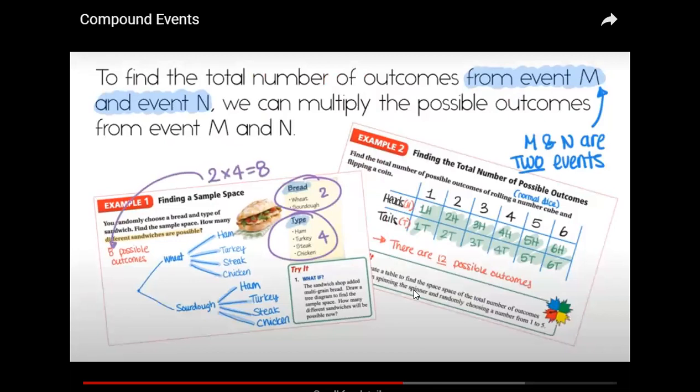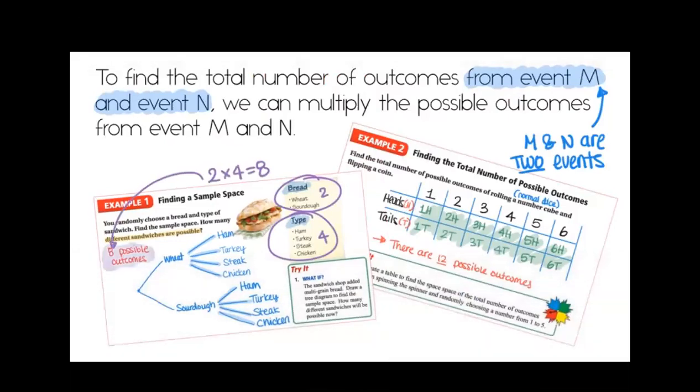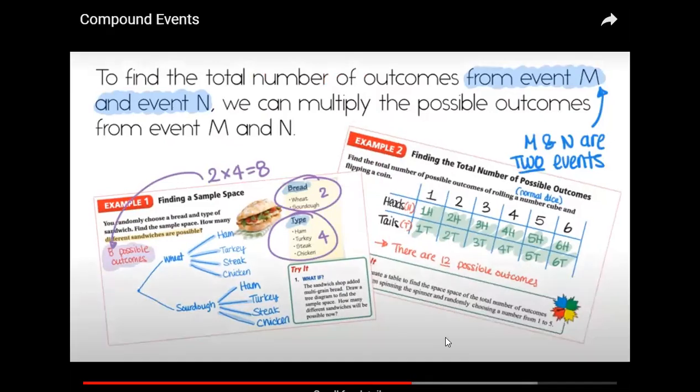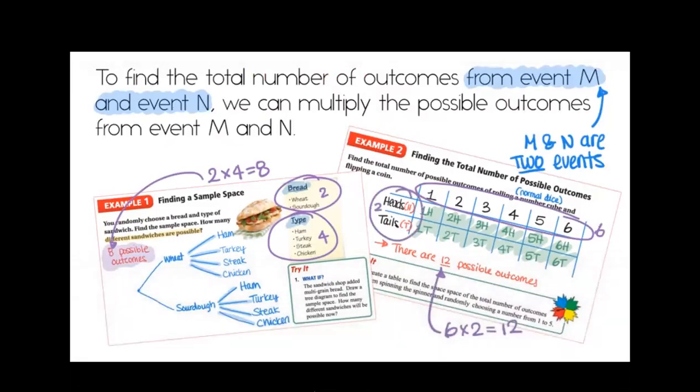And 2 times 4 gave us 8, which is why in this example, there were 8 possible outcomes. In the second example, with the coin and the dice, the die has 6 possible outcomes, and the coin has 2 possible outcomes. So 6 times 2 gives us 12, which is why this one had 12 different possible outcomes.